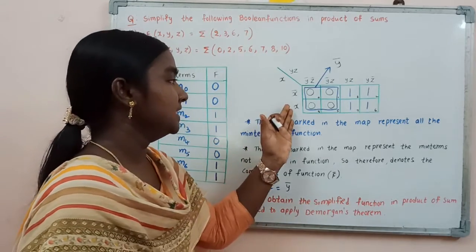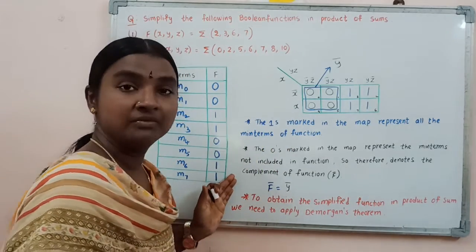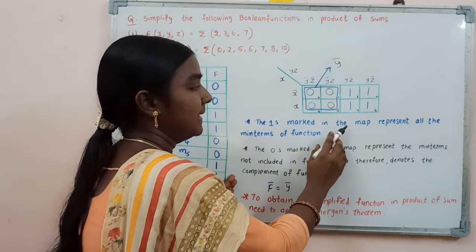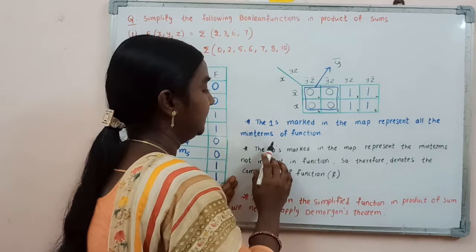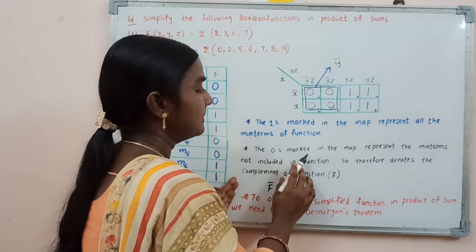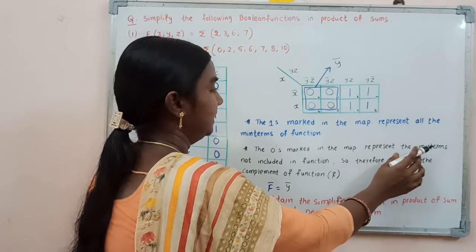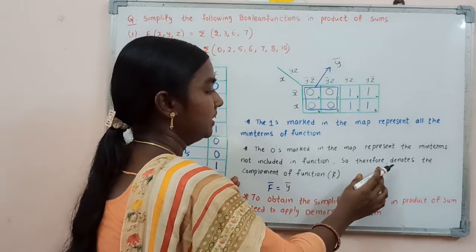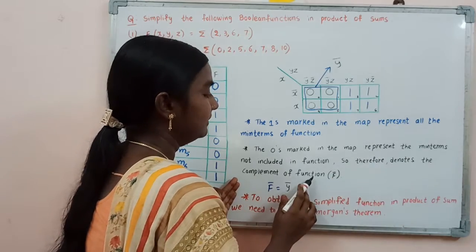In this Karnaugh map, the points to observe are that the ones marked in the map represent all the minterms present in the function. The zeros marked in the map represent the minterms not included in the function, so they denote the complement of the function.